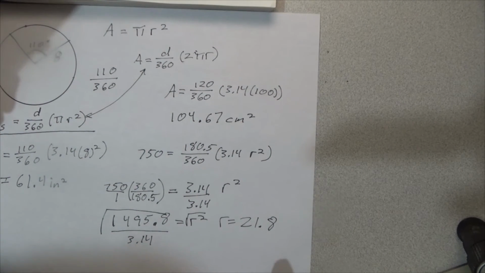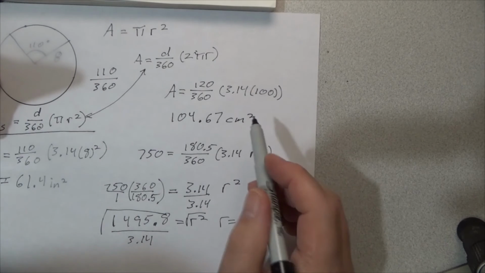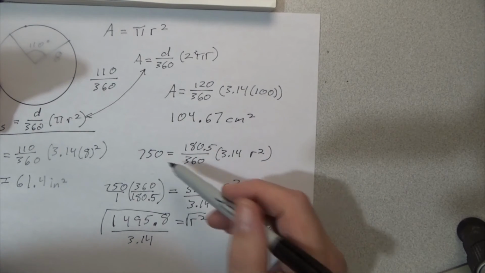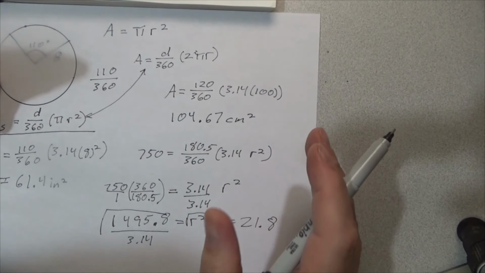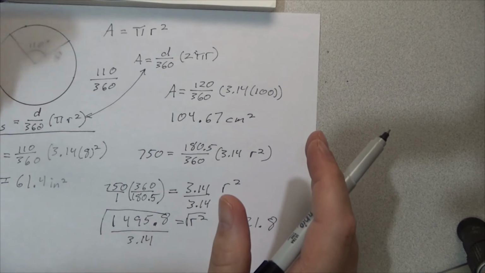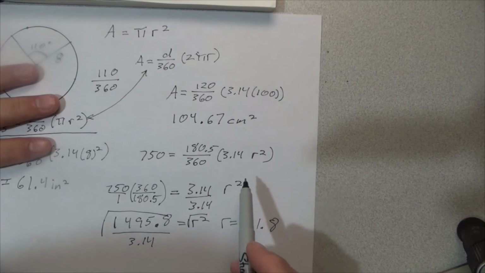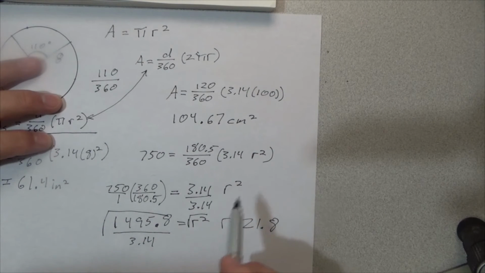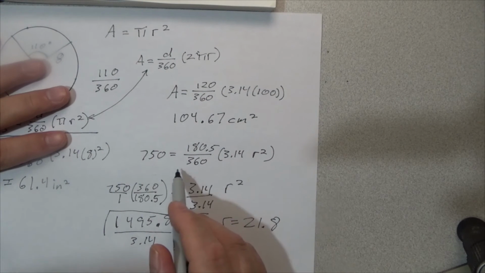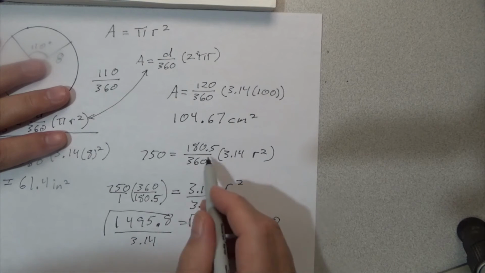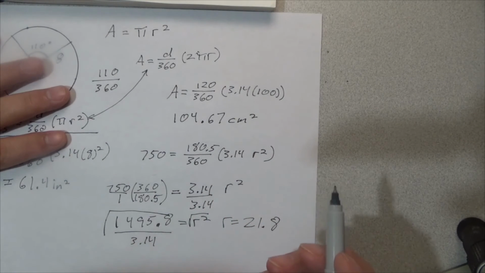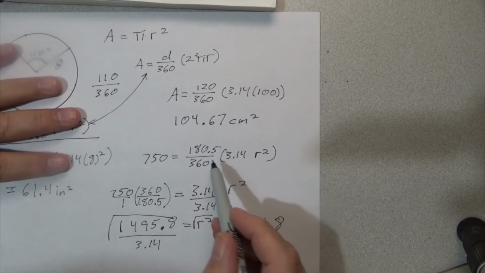Now I could go back and plug it back in and make sure I get that area, but I feel very confident that I did all of those steps correctly. So finding the radius, we're just using algebra, and I did it one step at a time. There are several different ways you could do this.